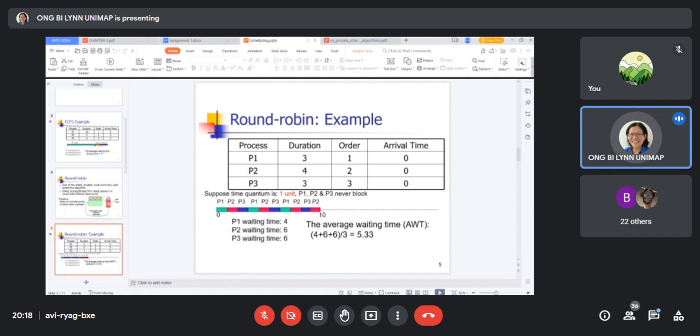Okay, 10 tolak dengan 4, kamu dapat 6. Okay, P3 finishes at number 9 over here. 9 minus 3, you have 6. So your average waiting time will be equal to 4 plus 6 plus 6 over 3, which is equal to 5.33. Okay, I give you another 1 minute to look into this, and then I will explain another time.